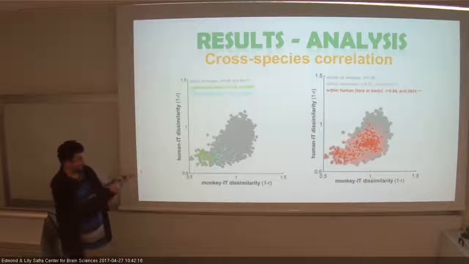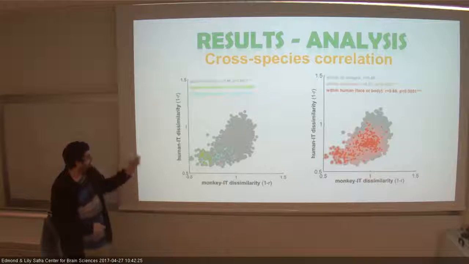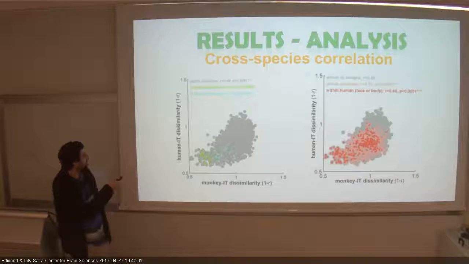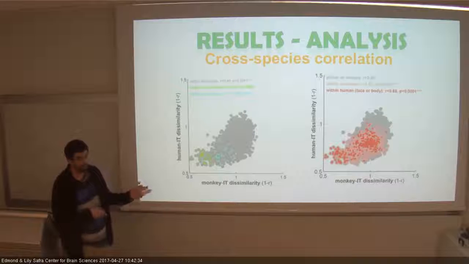The gray dots in both graphs are all the pairwise stimuli. You can see the correlation just by looking at it, but you can also see that it's a very high correlation and a very significant one.